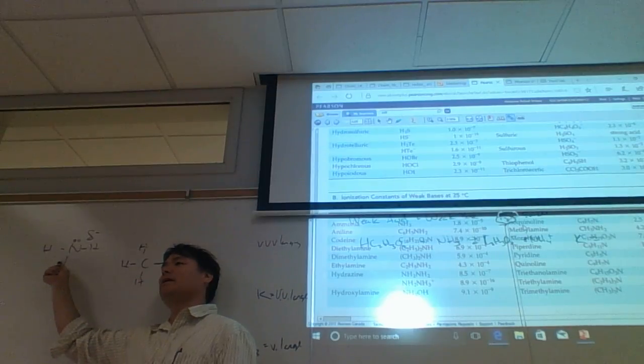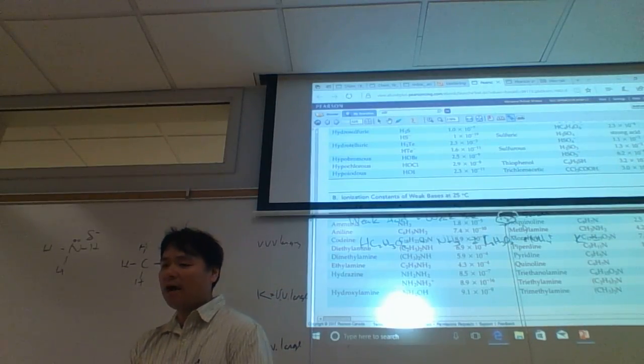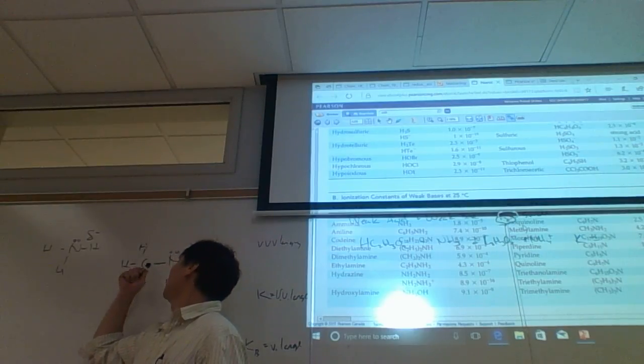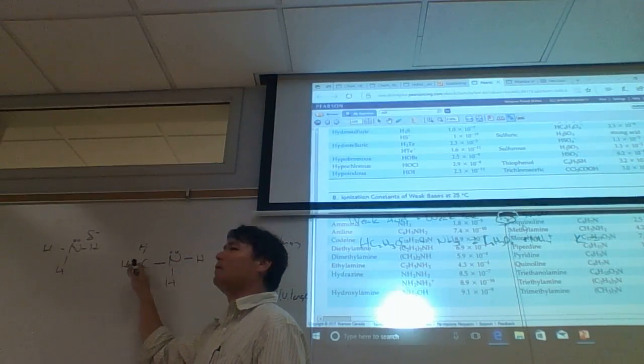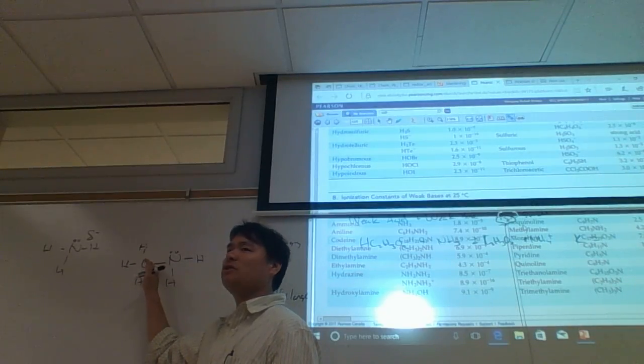Which one would have a greater electronegativity? Carbon's a 2.5. If carbon's a 2.5 and hydrogen's a 2.1, that means carbon will pull more electron density away from nitrogen. If carbon pulls more electron density away from nitrogen, it makes nitrogen less negative.